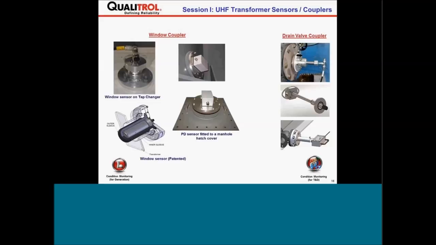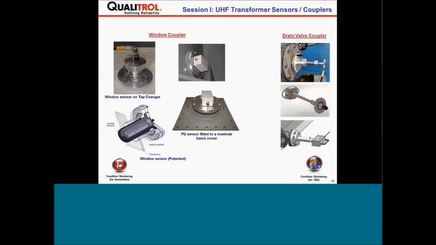Some utilities don't like the sensor being in contact with oil in case it falls off and it falls into the oil. In fact, the sensor itself is a very robust mechanical design.